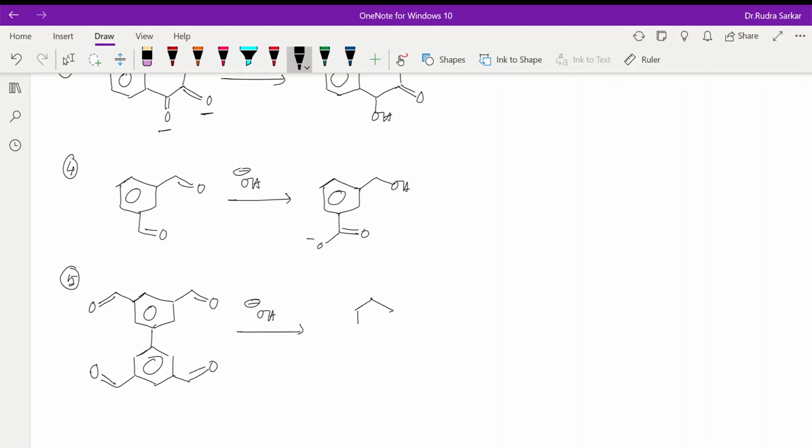So your products are, suppose this is your acid, and there will be your alcohol. So this is your, suppose, acid, and that is your alcohol.